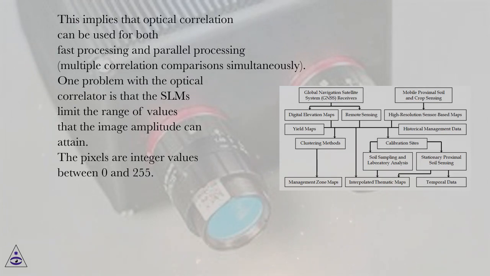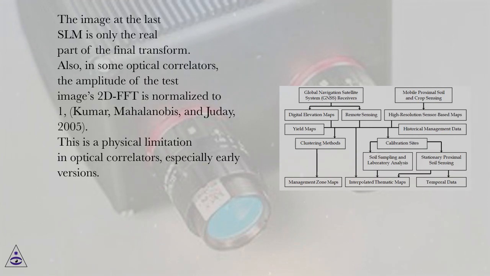One problem with the optical correlator is that the SLMs limit the range of values that the image amplitude can attain. The pixels are integer values between 0 and 255. The image at the last SLM is only the real part of the final transform. Also, in some optical correlators, the amplitude of the test image's 2D FFT is normalized to 1 (Kumar, Mahalanobis, and Jude, 2005).